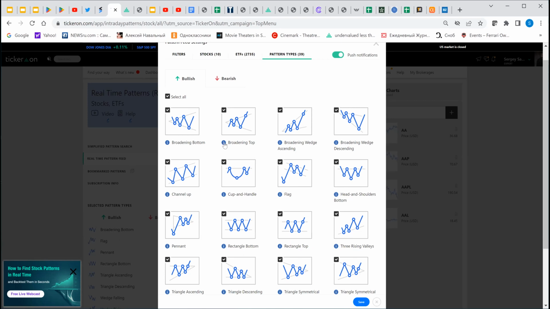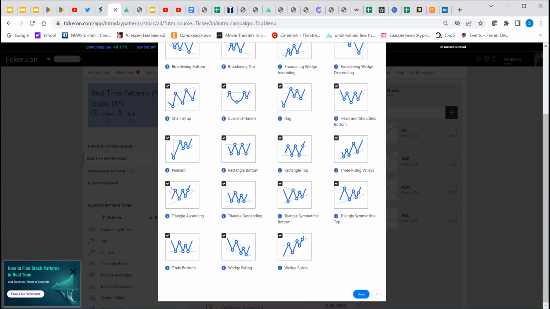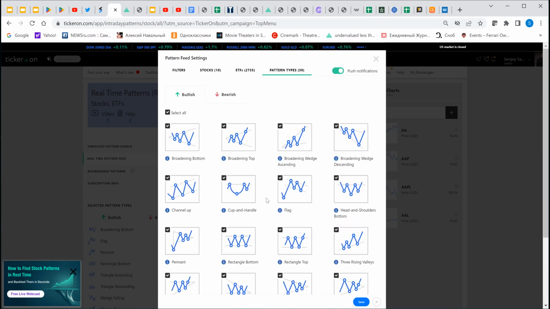But some people like to find this type of triangle patterns, like broadening wedge, or this type of triangle, ascending, descending, and things like that. So it is a matter of taste, a matter of preferences, and you can do it.